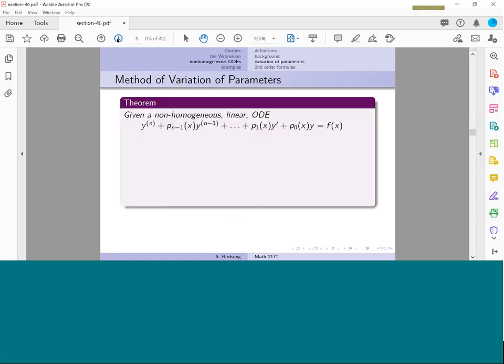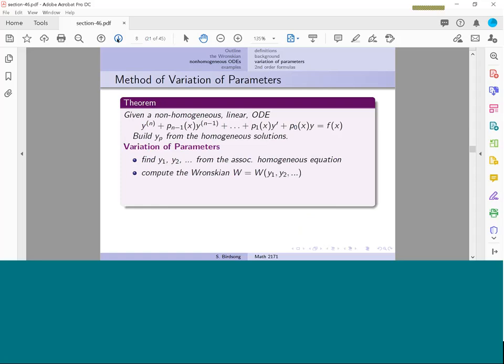So here's actually what you do. We're going to build our particular solution in the following way. First, we're going to find all of those little solutions from our associated homogeneous equation, the same way we would have done it before. We're then going to compute the Wronskian of all of those little solutions. Then we're going to compute our u1, u2, and I'll give you the exact formula for that in just a second.